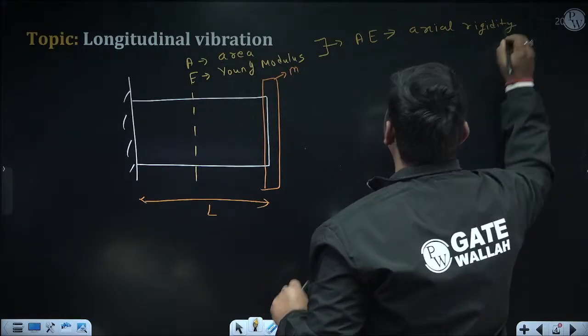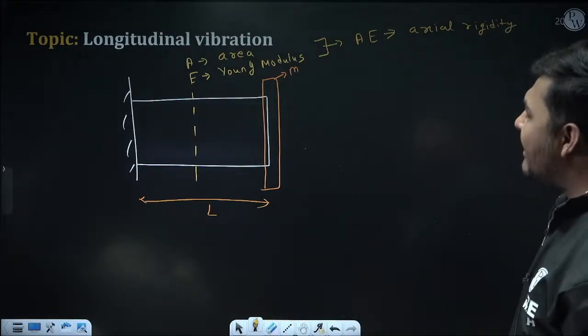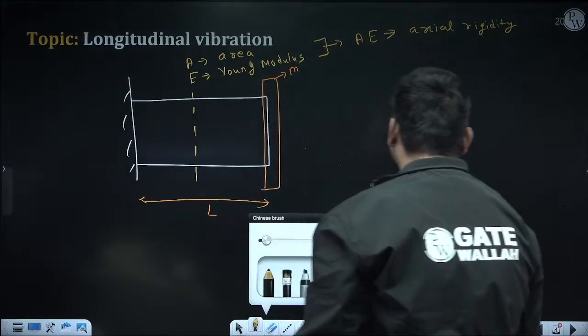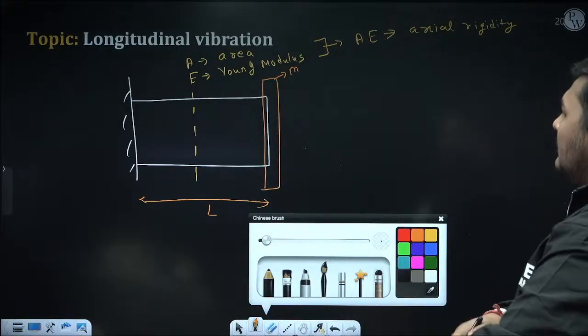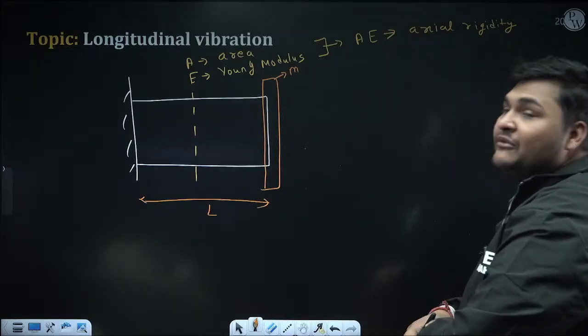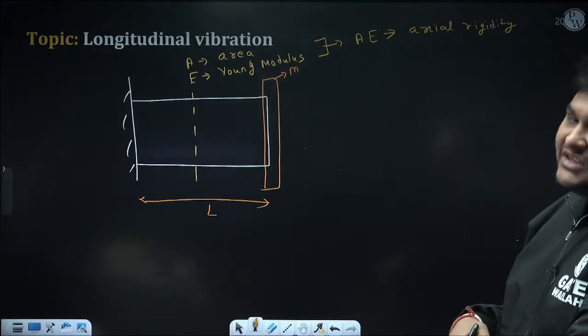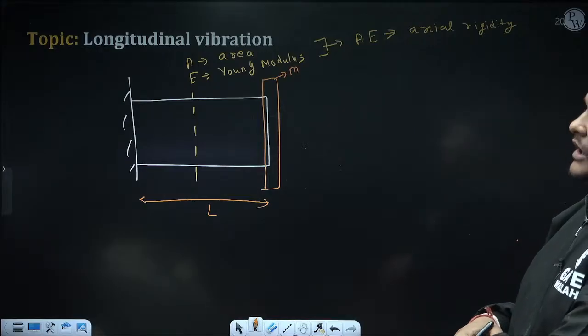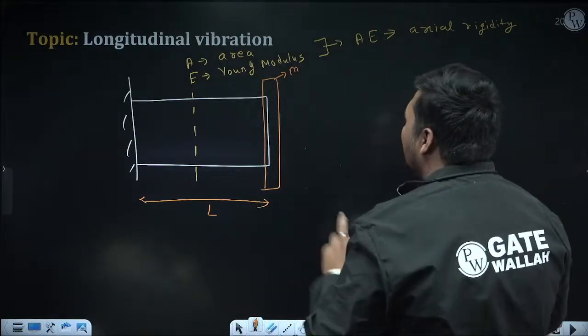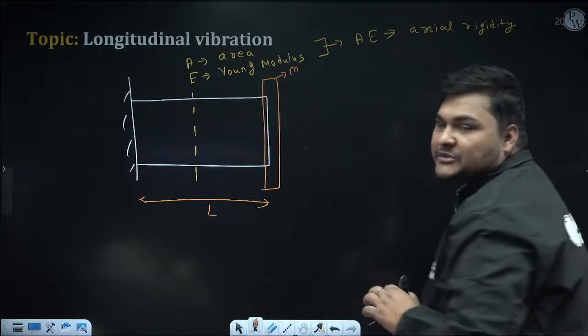Now, we want to calculate the natural frequency of this longitudinal vibration. So now what will we do? I have already discussed that restoration will occur due to the axial stiffness. So if I want to calculate the natural frequency of this vibration, I can use the equivalent stiffness method.